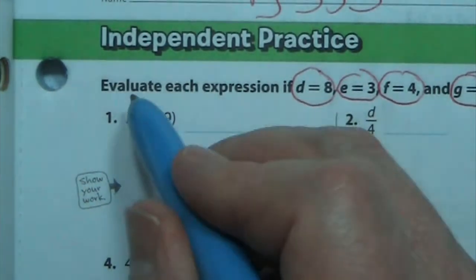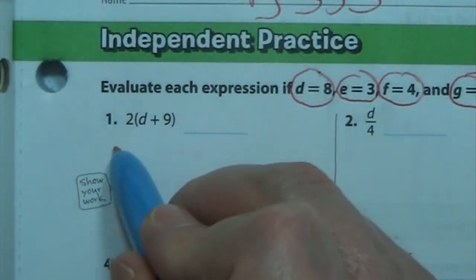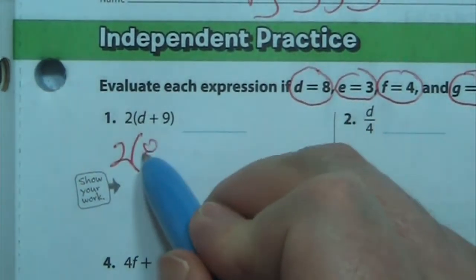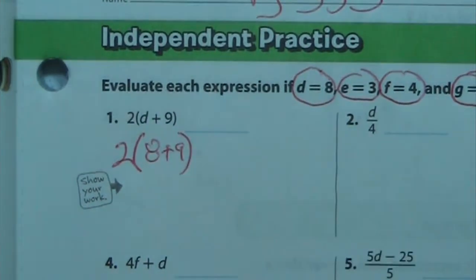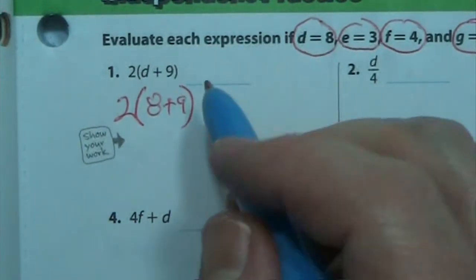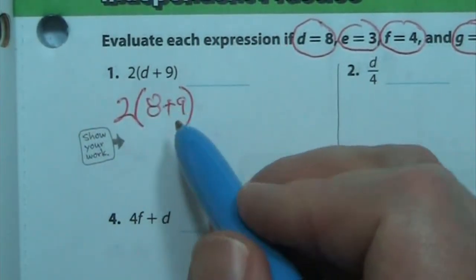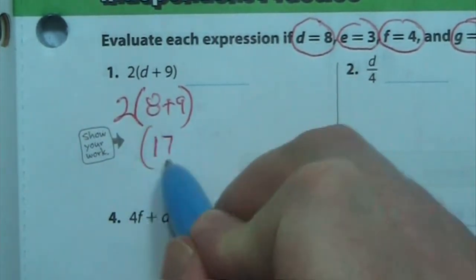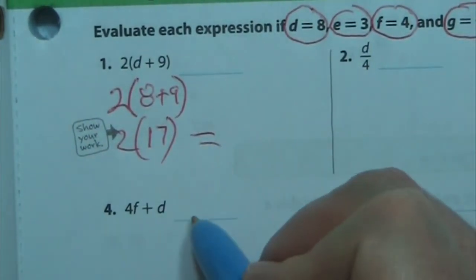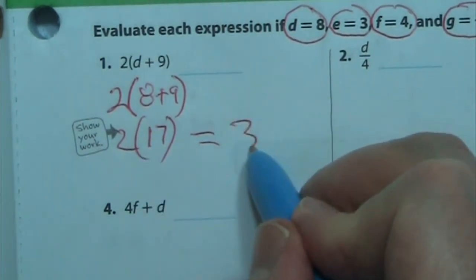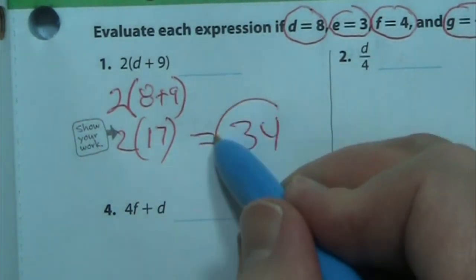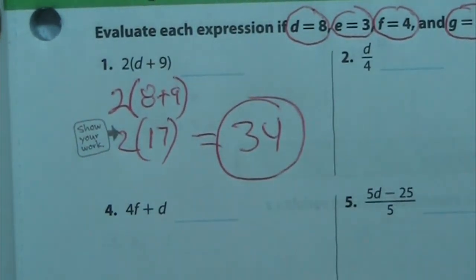Now, what you want to do is just rewrite it with those numbers. 2 parentheses, D is 8, 8 plus 9. And of course, then you would solve it, right? You do the parentheses first. And 2 times 17 is, what's that? 34? There you go.